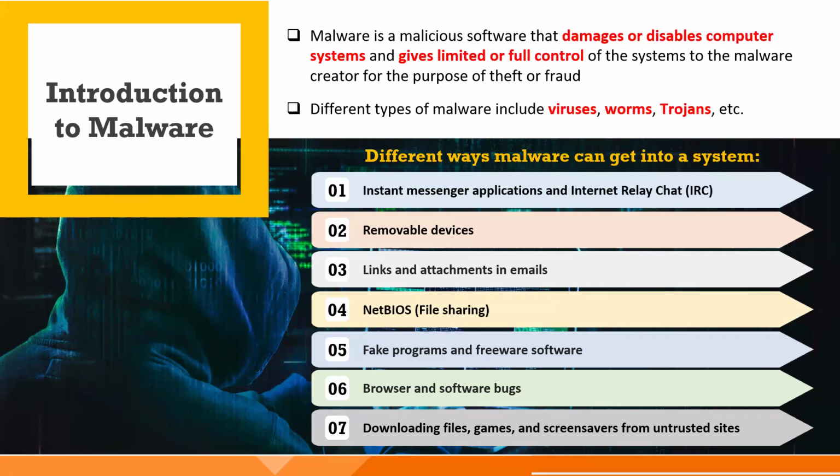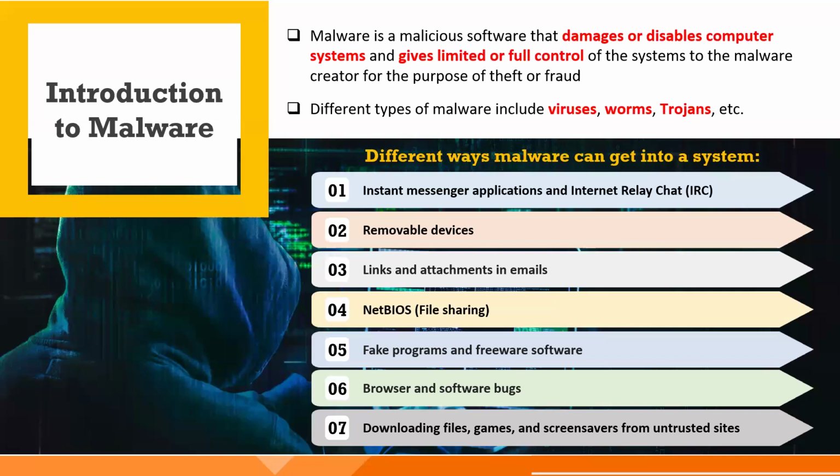Through browser and software bugs, malware is majorly transferred through browsers, whereby you might be on a web page, then you are redirected to another web page that could be malicious. Also software bugs: maybe you see an error in a computer system, and you think the software has a bug, but it's not a bug.